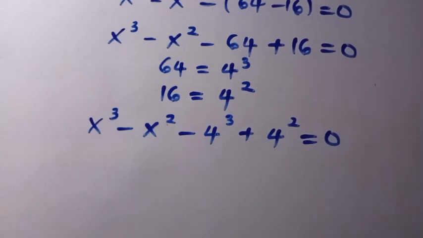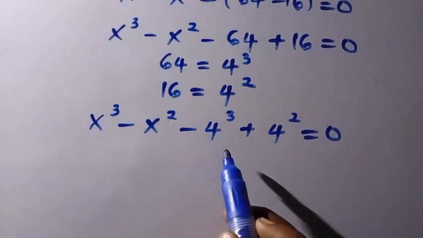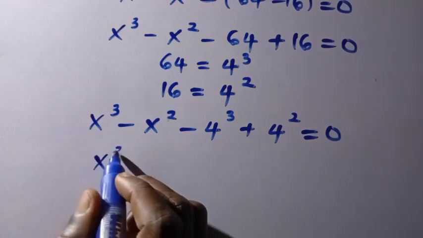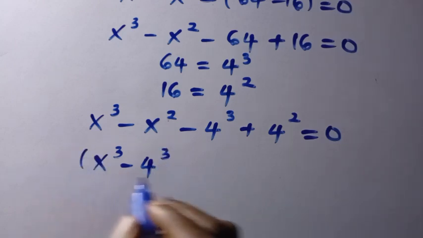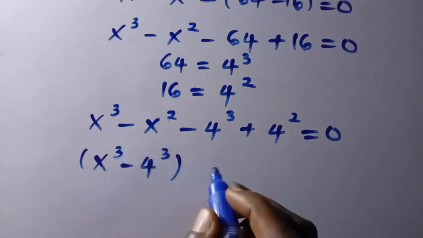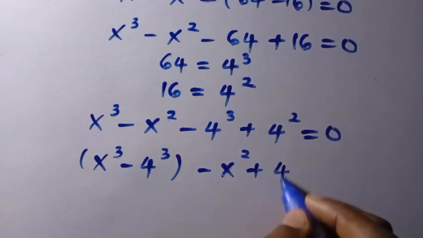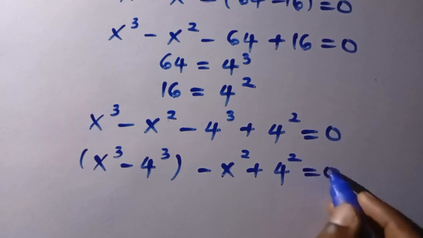Then after considering this, here is x power 3 and here is 4 power 3. So let's combine them. By combining, we have x power 3 minus 4 power 3 in bracket. And also we have minus x squared plus 4 to the power of 2 equals 0.